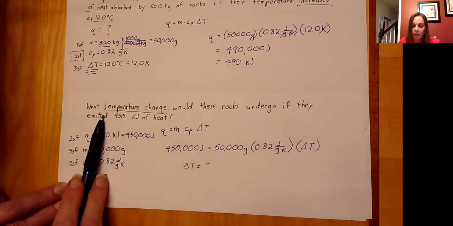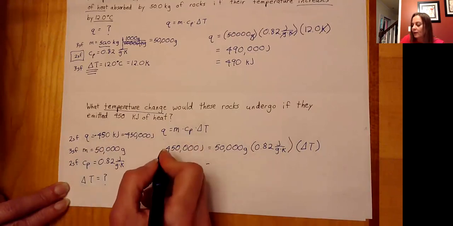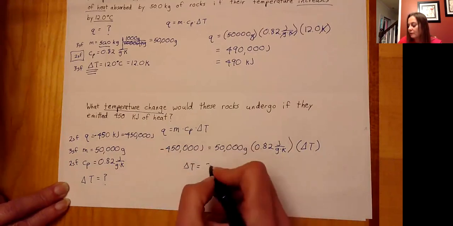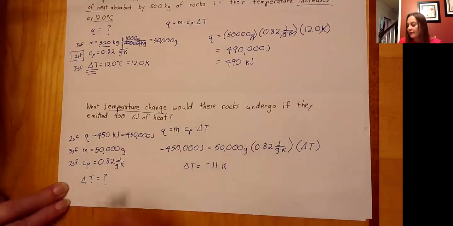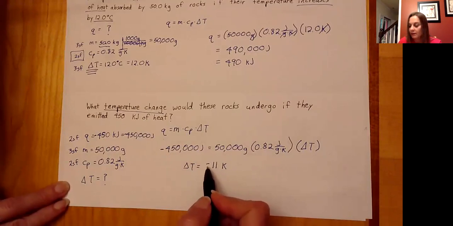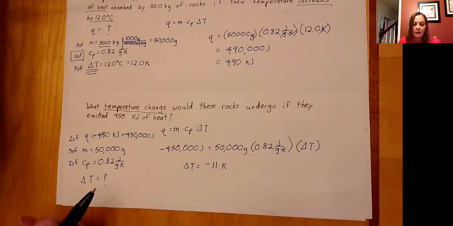Because it emitted 450 kilojoules of heat, my Q needs to have a negative sign here. And so negative symbol there. And that gives me a negative 11 Kelvin. The fact that this is a negative sign tells me that the rocks lost heat, that their temperature went down from whatever it began. Okay, so that's our second question.